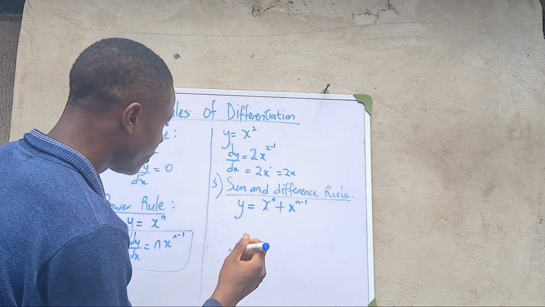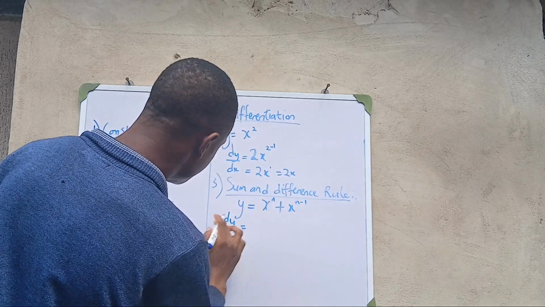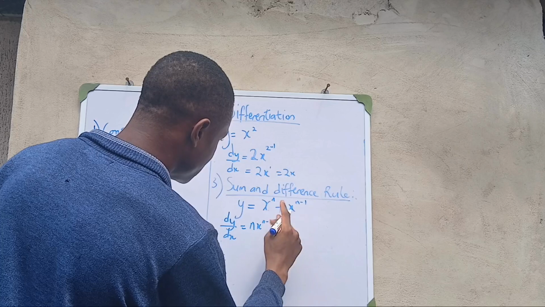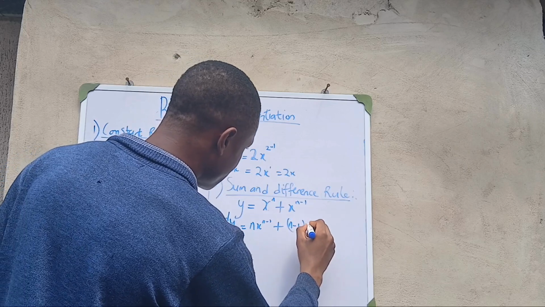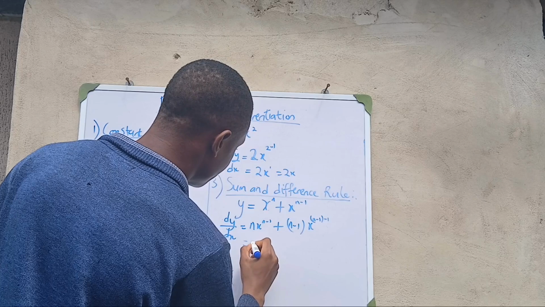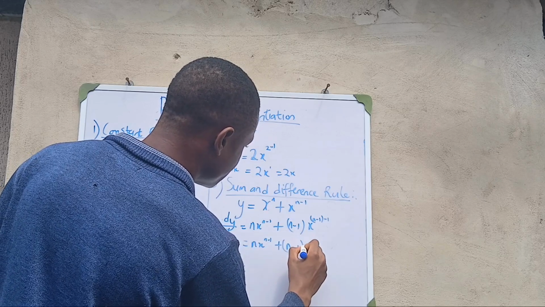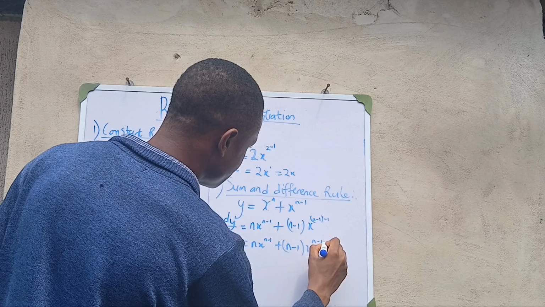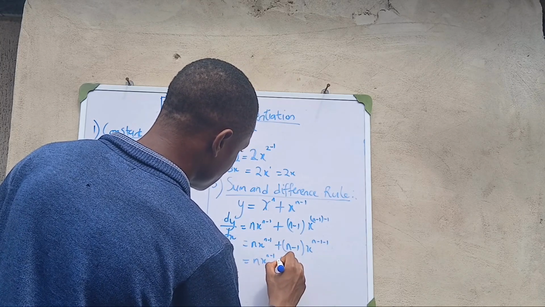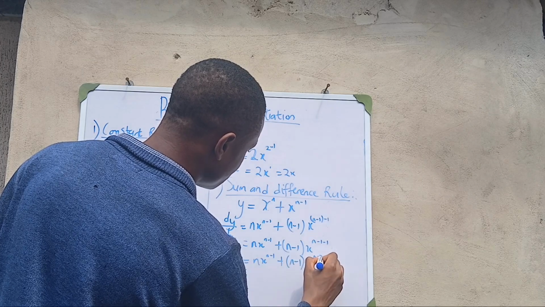So here dy over dx is the same as, using this rule, we have n x^(n-1) plus, using the same rule, (n-1) x^(n-1-1). So we have n x^(n-1) plus (n-1) x^(n-2).